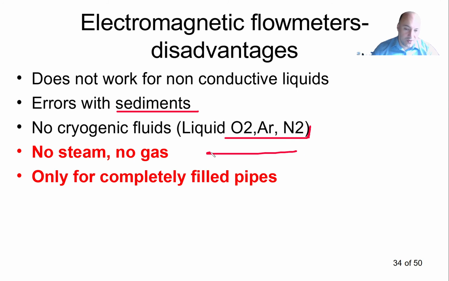It cannot measure steam or gases because they are not conductive. And the same disadvantage as for the ultrasound, it measures only for completely filled pipes. So if we have a pipe that is just partially filled, it will not measure properly.